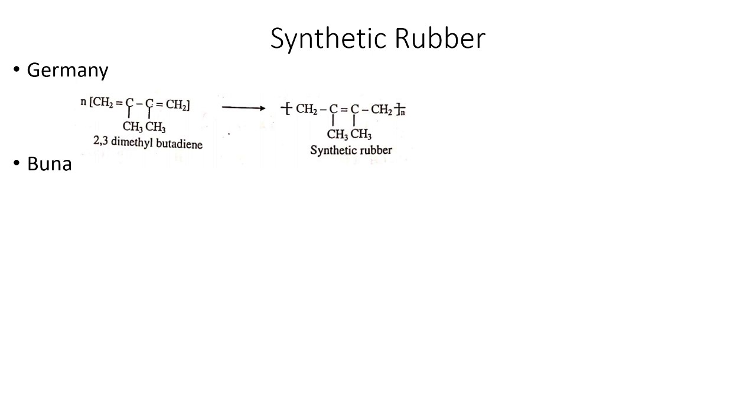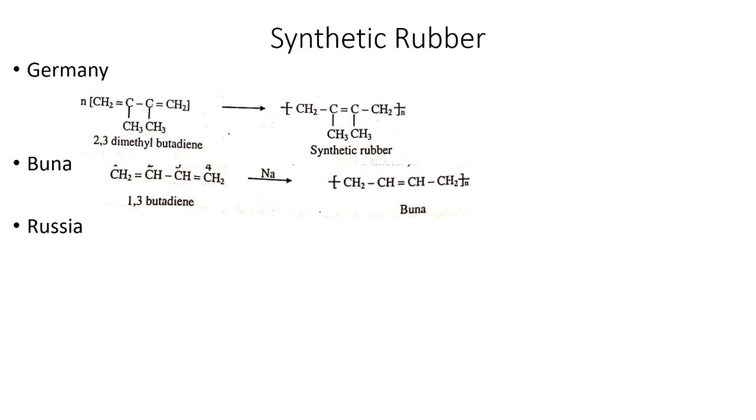Okay, but the properties of the rubber are modified, and this was further developed by polymerization of butadiene. So this butadiene and natrium, meaning sodium, undergo polymerization to form this polymer. Butadiene, Bu, and natrium, Na, combine and form Buna.